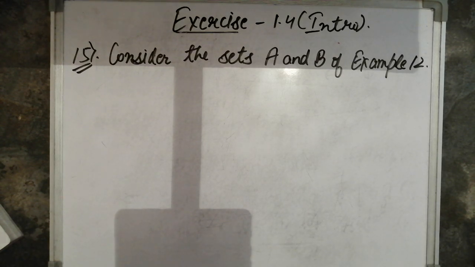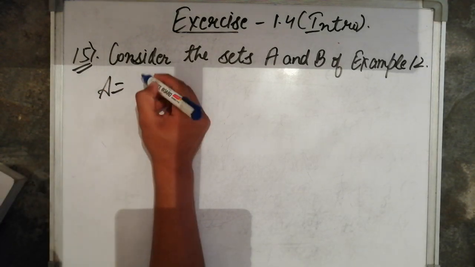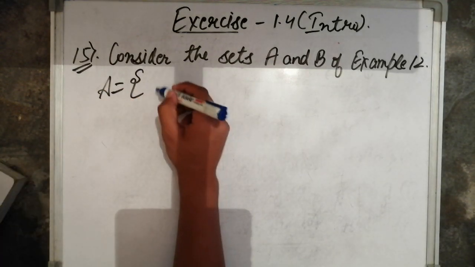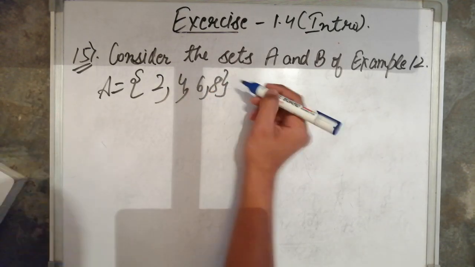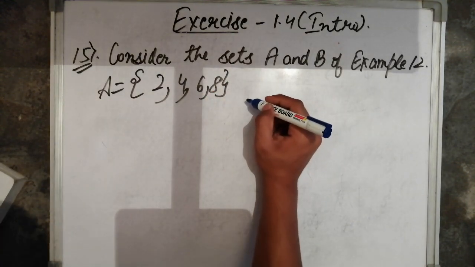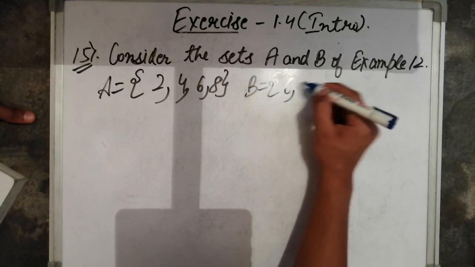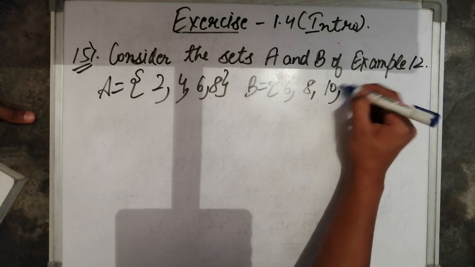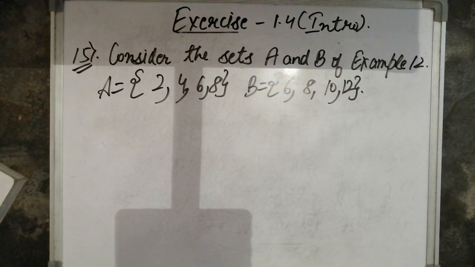Let me look it up. Okay, the A set was 2 4 6 8, and B set is 6 8 10 12. Let's find out A intersection B.